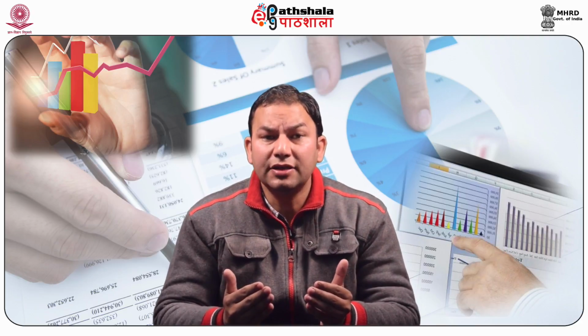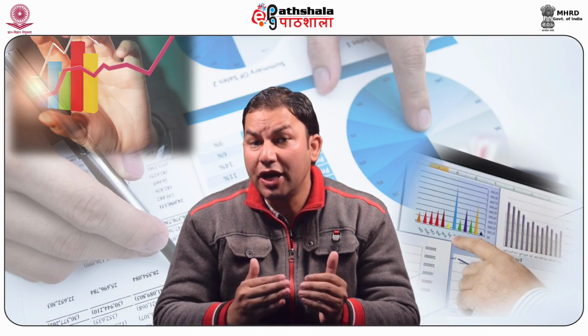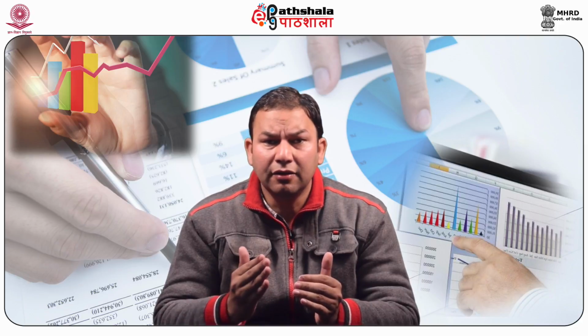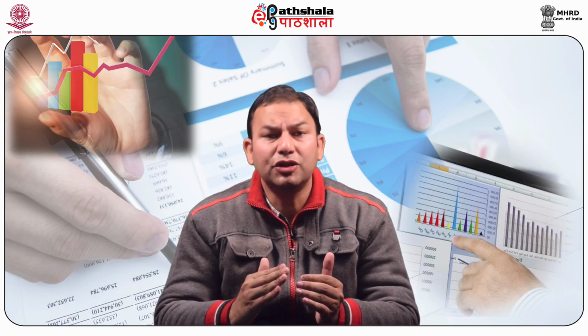Thus, wrong final accounts will be prepared which don't reveal a true and fair view of the state of affairs of the business. This leads various interested people to take wrong decisions by taking incorrect information from the final accounts.